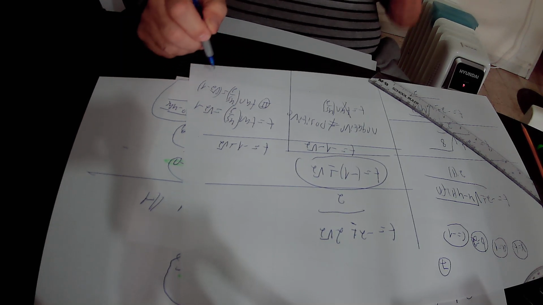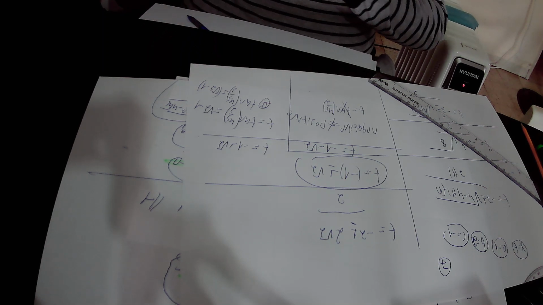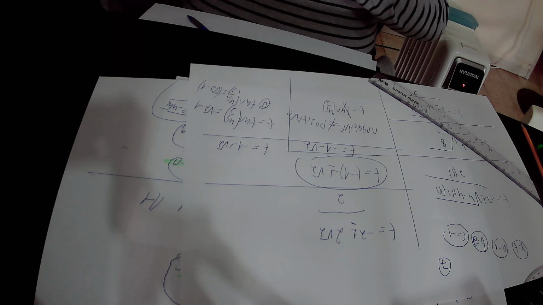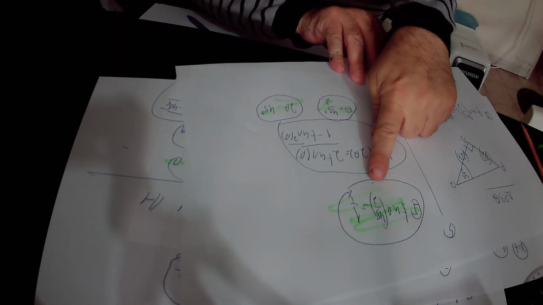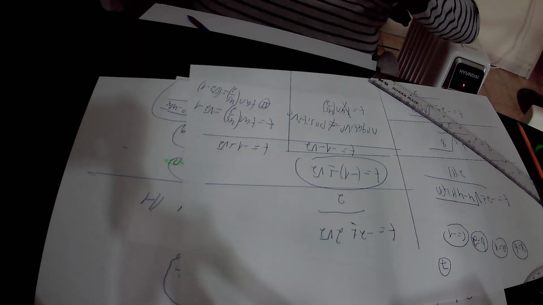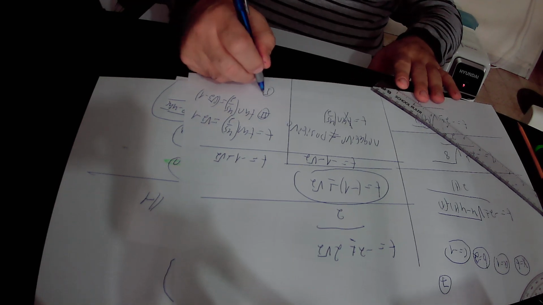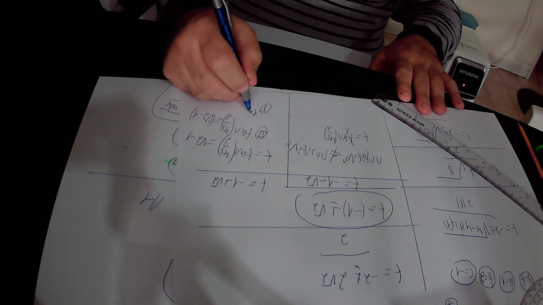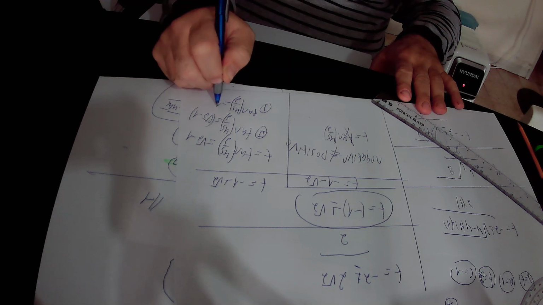While according to equation number 1, we have already found out that tangent of 45 over 2 degrees equals 1 over x. So we write it down.